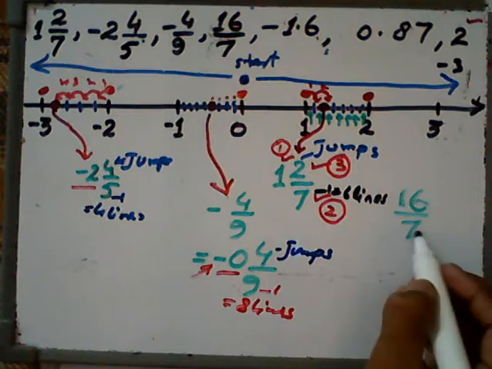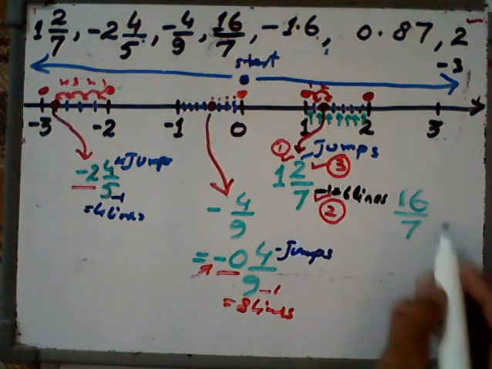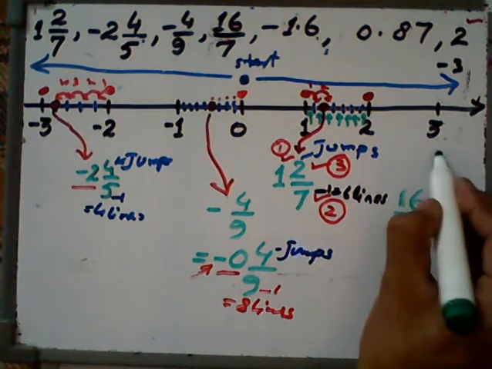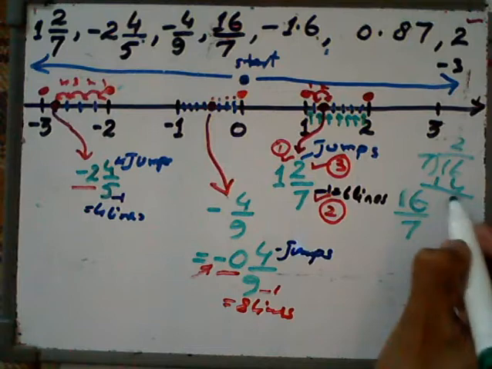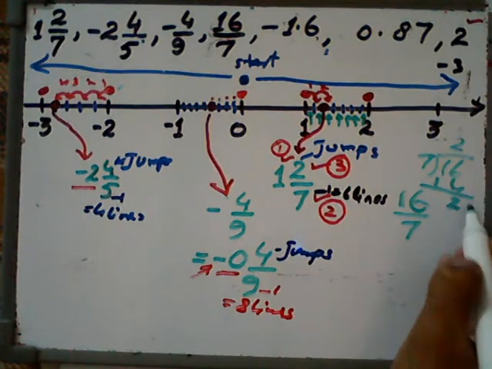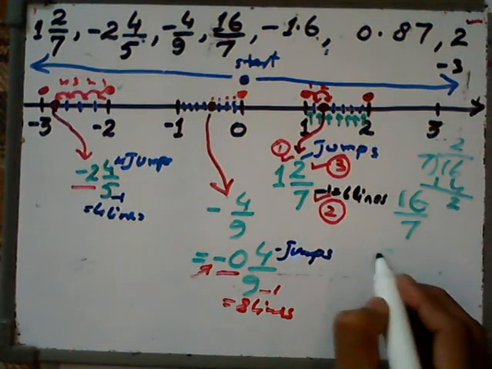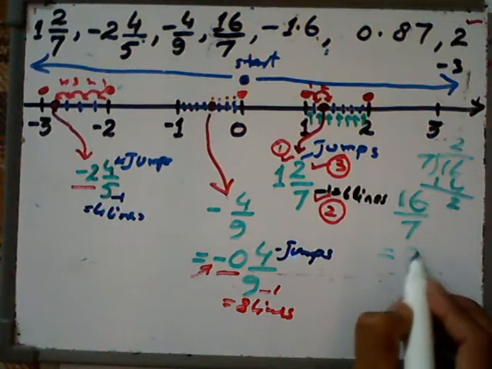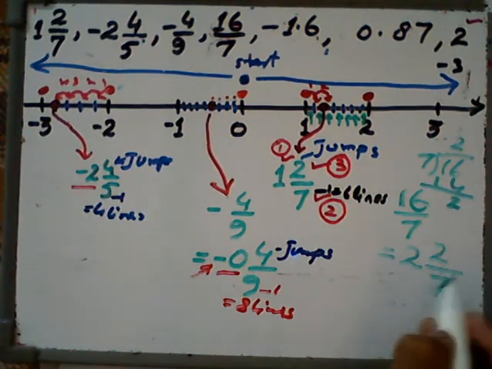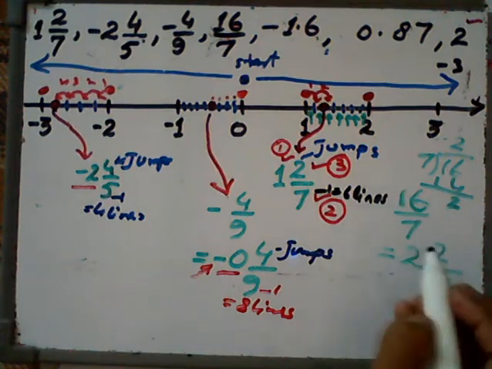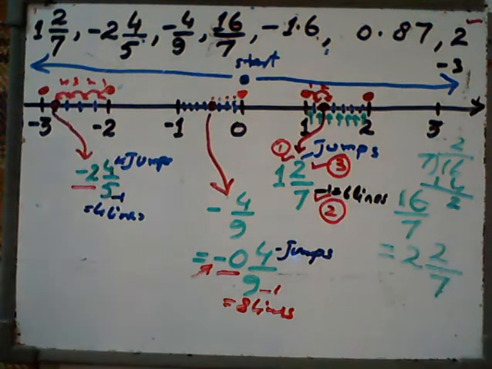So we'll divide to get it into a mixed fraction. Let's divide 16 by 7. 7 2s are 14 and the remainder is 2. So we may write it as 2 whole 2 by 7. It means 16 by 7 can be written as 2 whole 2 by 7.